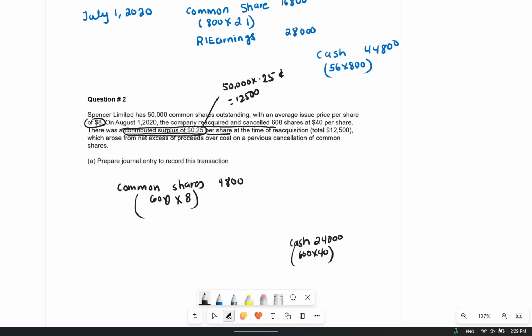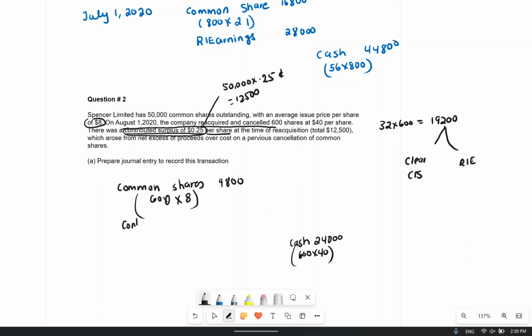Now if you look at the difference between the two, it is $32 per share times the 600, which gives you 19,200. So that's the difference. First we clear your contributed surplus, then the leftover will go to my retained earnings.